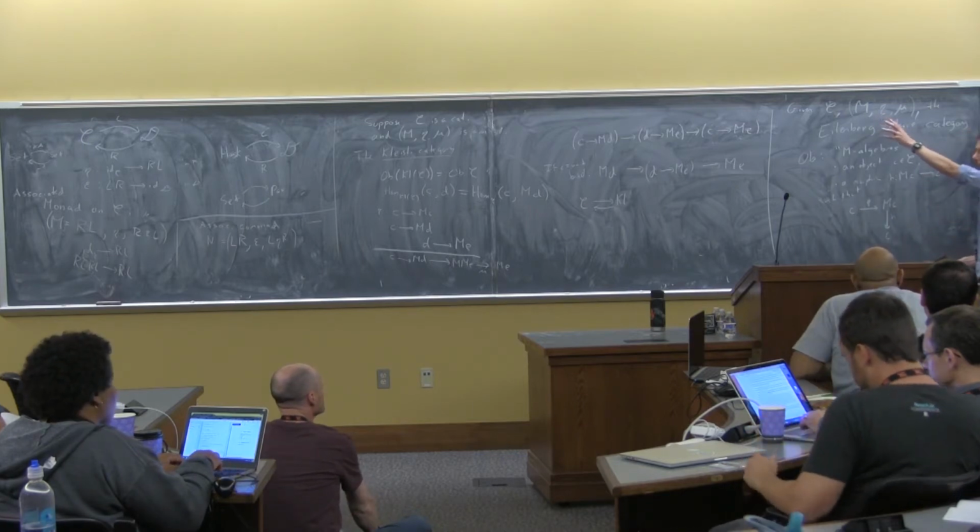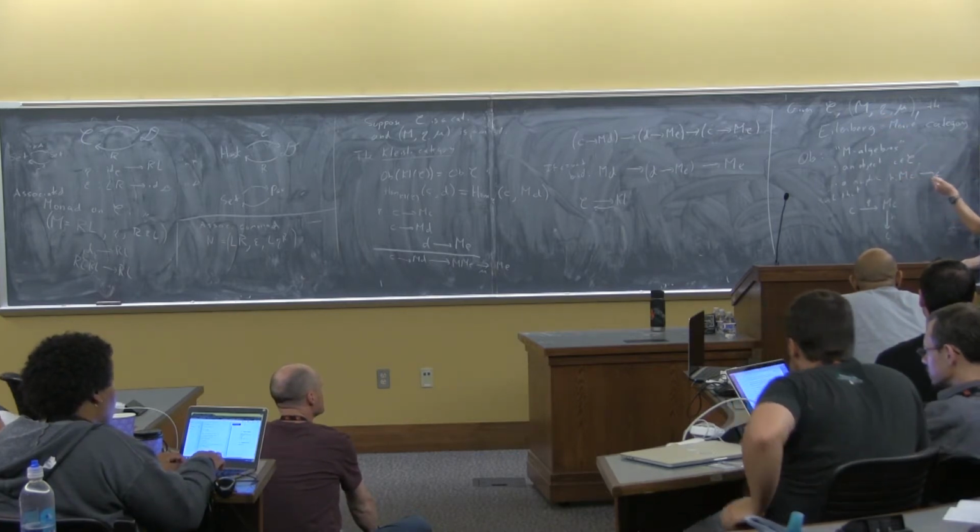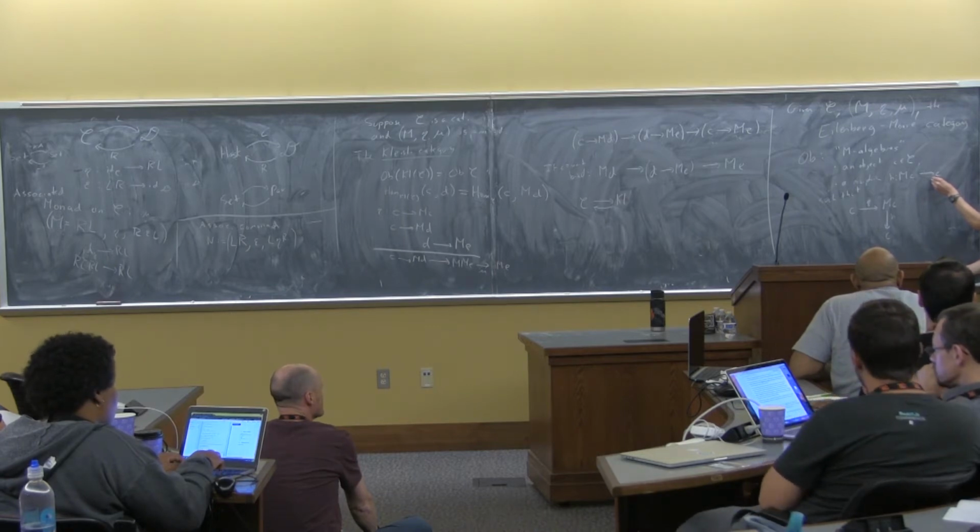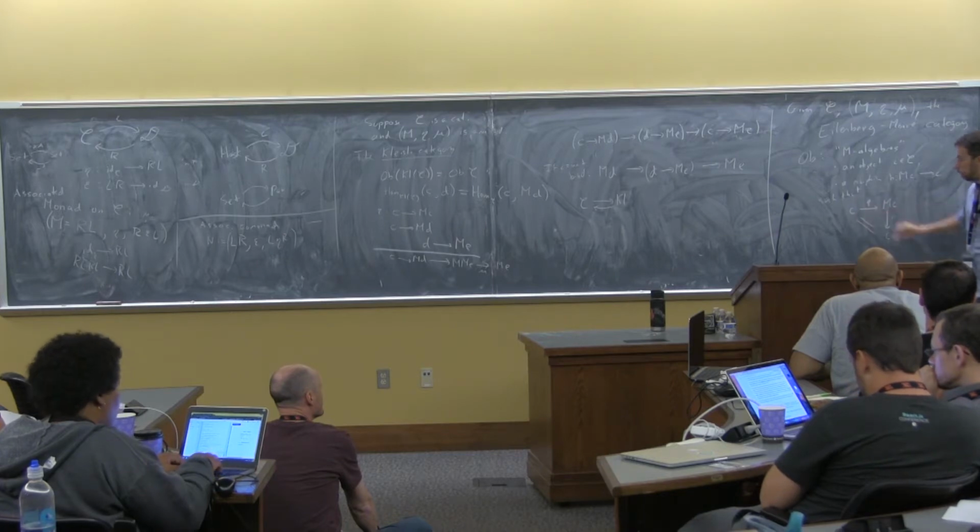So think of M as the monad. It's a way of taking something in the monad and getting out, such that if you return into the monad and then get out, you're back where you started from.